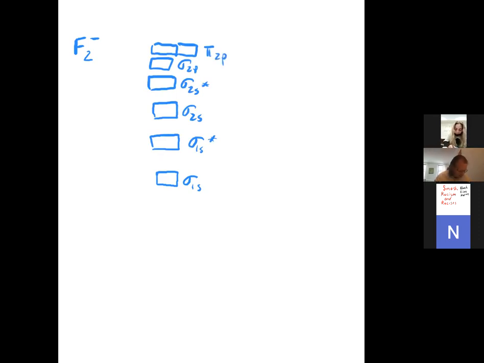I'm sorry, I'm running out of room here. So let me do this again. It's kind of annoying. I don't like doing things vertically, but most of the textbooks do this vertically. So let me just show you. So it's 1, 2, 3, 4, 5. There's a lot of orbitals, right? And then you get these here.